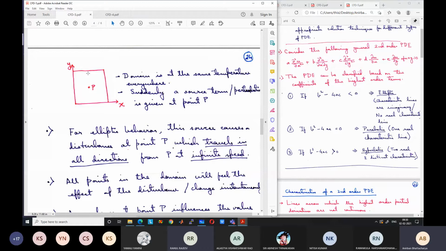Sir, it will be 200. It will be 200, right? Because it has reached steady state and there is no heat source, nothing else to vary the temperature. Ultimately, it will be in equilibrium. Because all the boundaries are at 200 degrees centigrade, everywhere the temperature needs to be 200 so that it is in equilibrium.